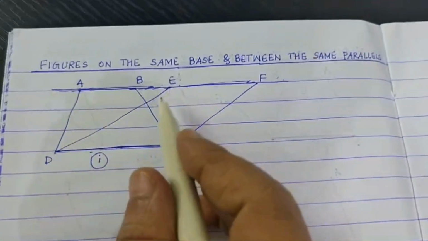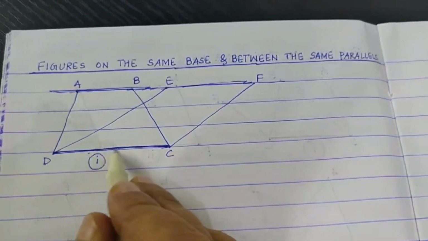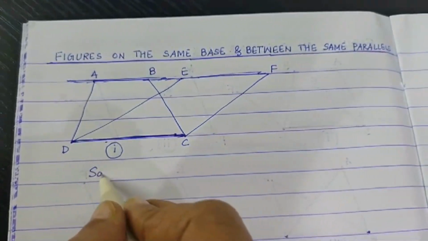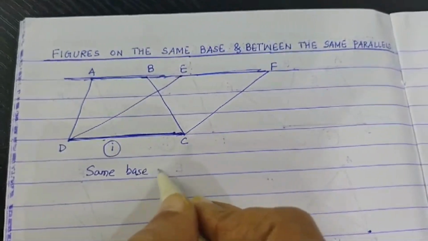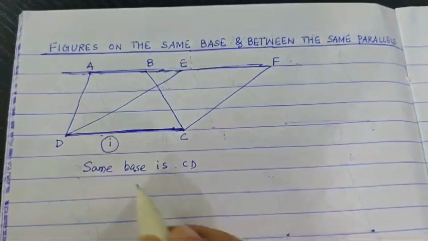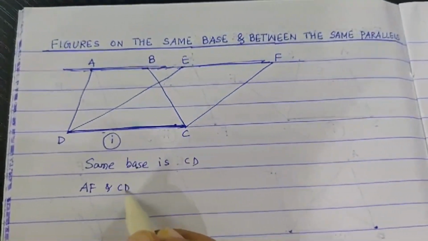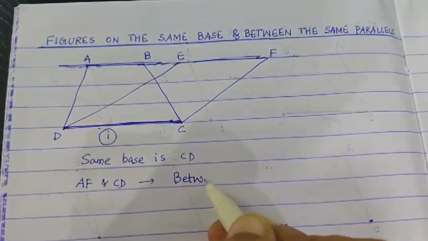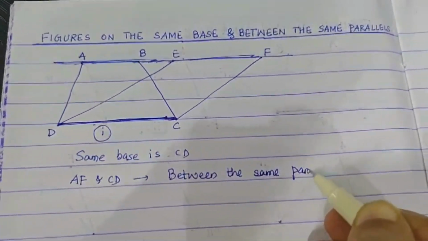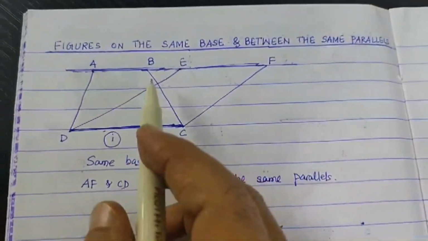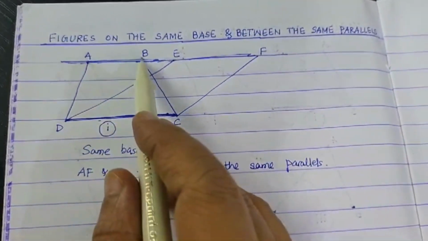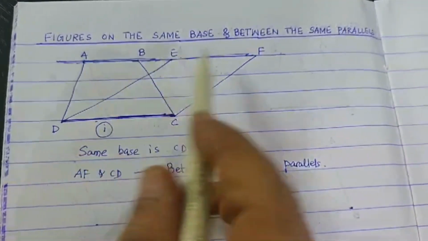So these two figures are on the same base CD and between the same parallels AF and CD. These are the figures having the same base and lying between the same parallels. Its vertices AB and EF are lying between the same parallels AF and CD.